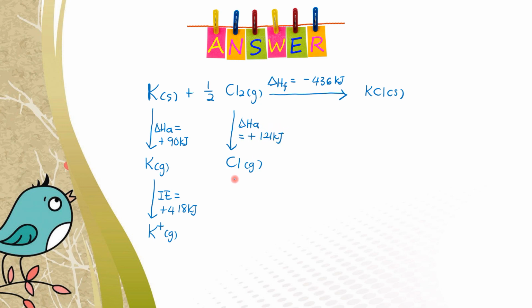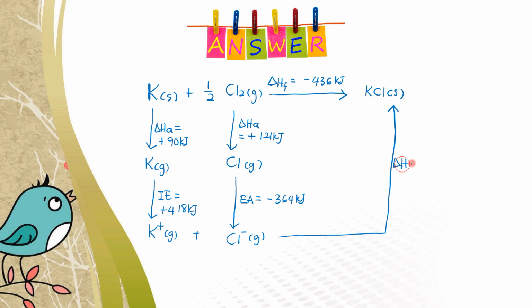Daripada gaseous atom, gain 1 electron and produce Cl minus gas. So this is referred to as EA. Jadi negative ion, so negative 364 kilojoule. And then tambah, then you get this, which is referred to as delta H, that we want to find out, berapa nilai dia.